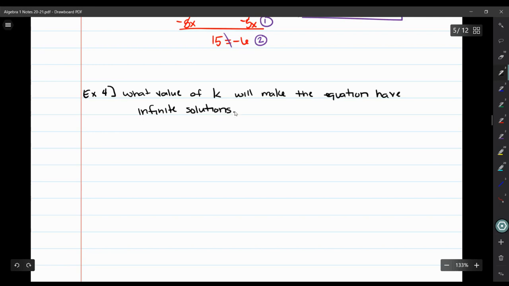So now I want the other way. I want infinite solutions. So here's my equation I want to play with. k times x plus 1 equals negative 2x plus 3.